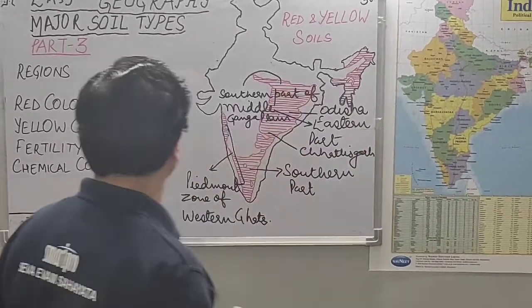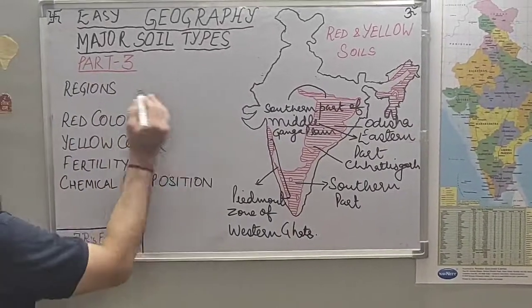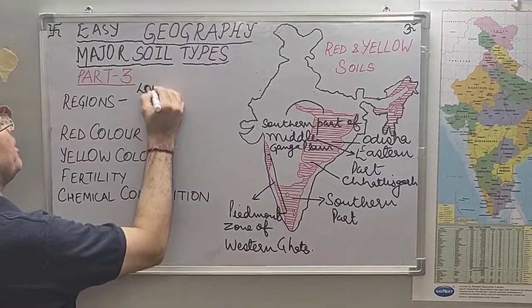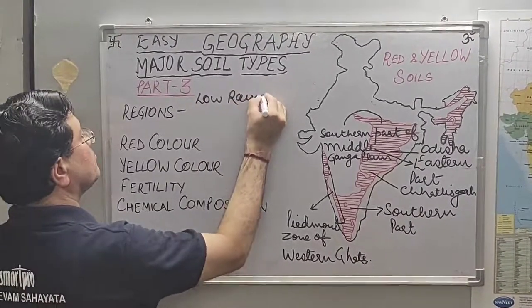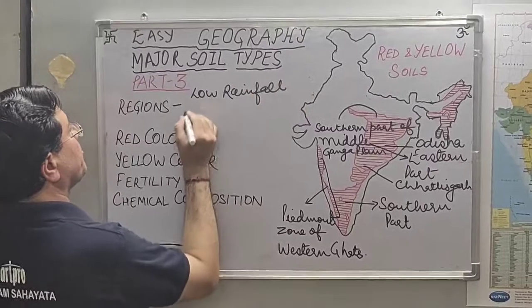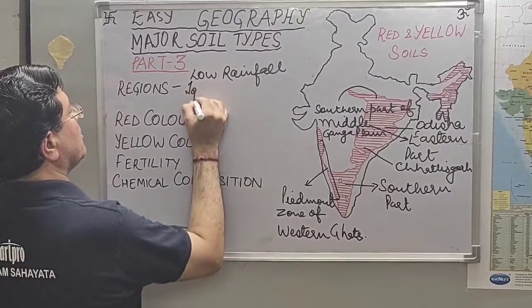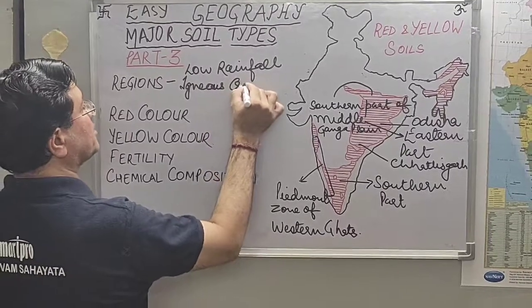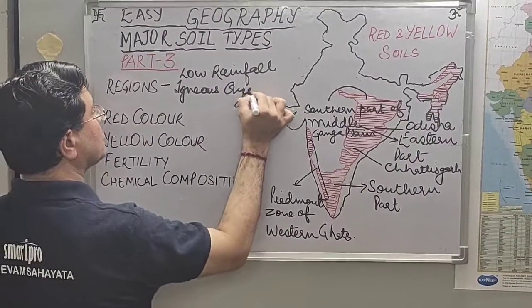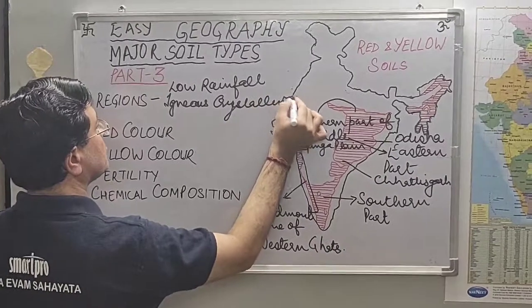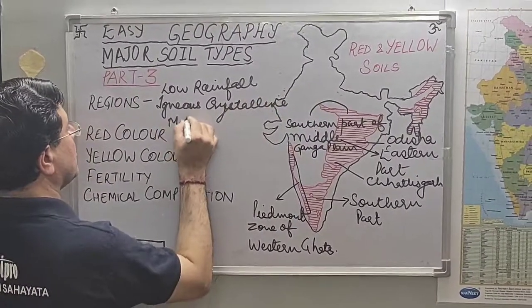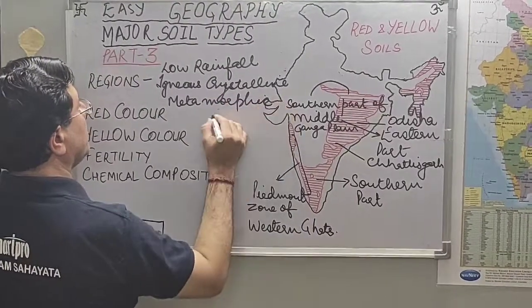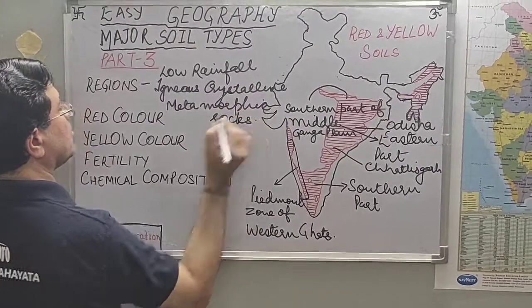So along with all these areas we can say low rainfall areas, and igneous, crystalline, metamorphic rock areas.